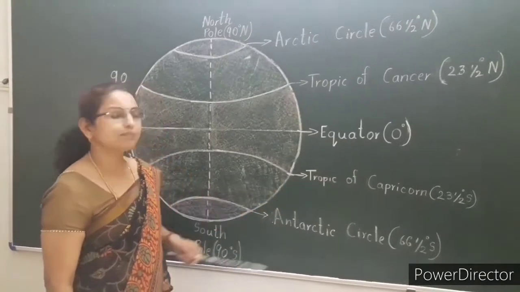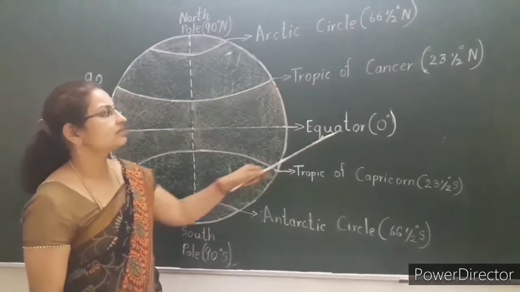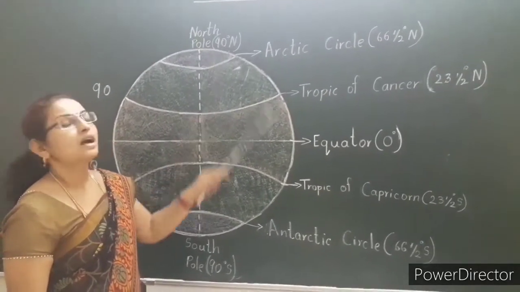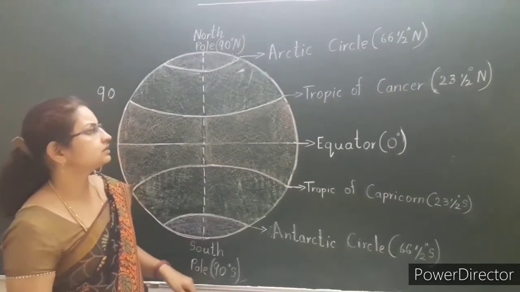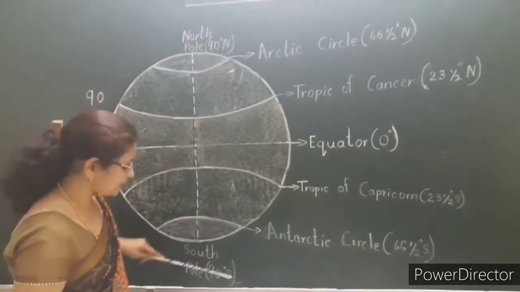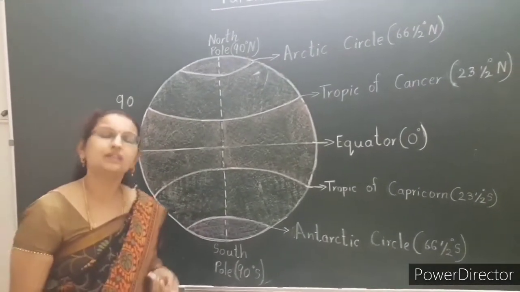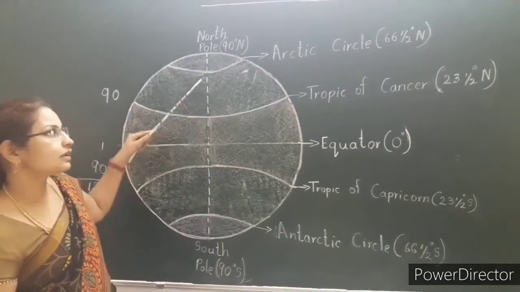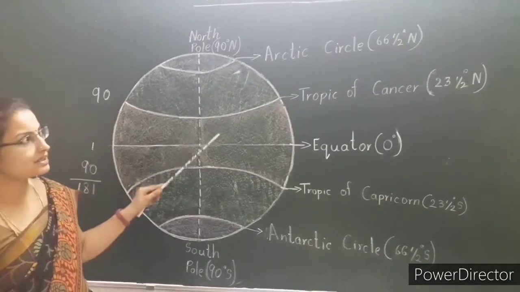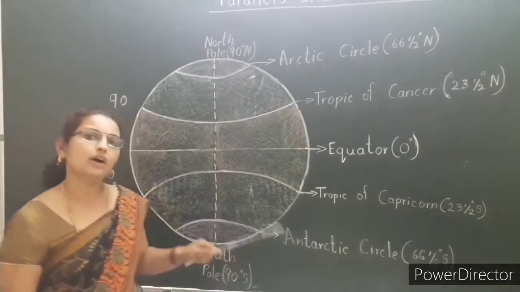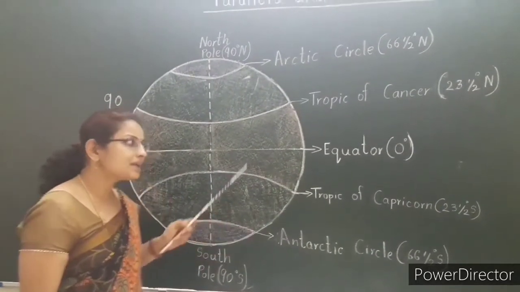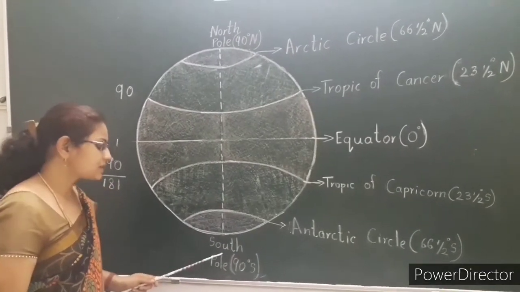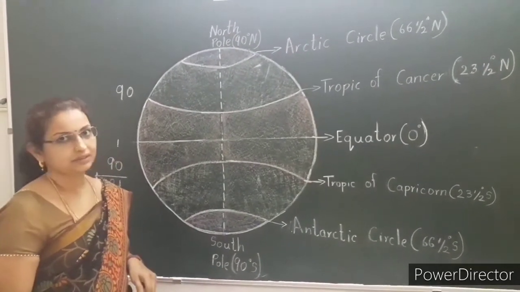And we mark the other parallels from 0 degree to 90 degree. And also we mark north and south according to their locations. Parallels located in the northern hemisphere are marked north or northern. Parallels located in the southern hemisphere are marked south or southern.